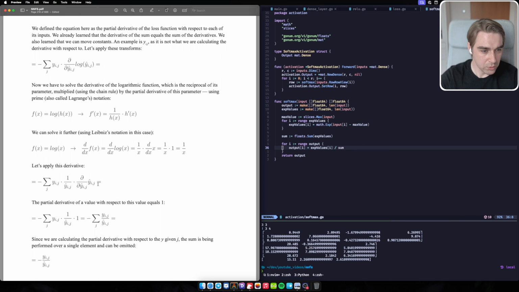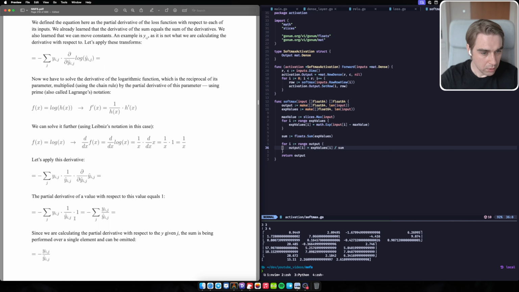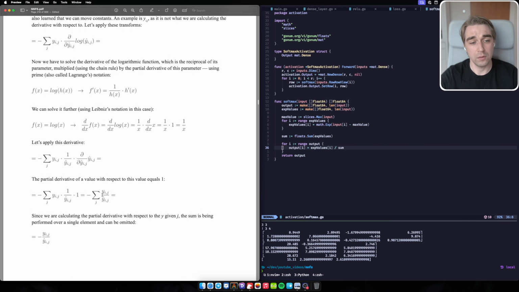In our case it will be 1, as the derivative of a value with respect to itself equals 1. This is what we have, and then it leads to a derivative that in our case is the sum of target values divided by the predicted values.